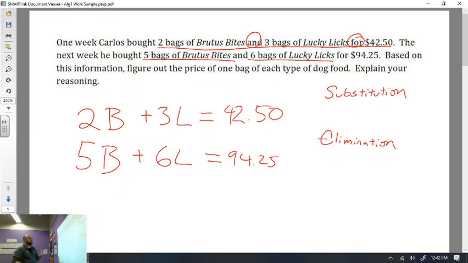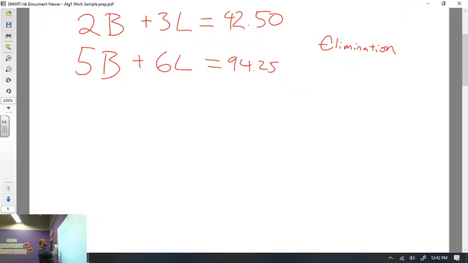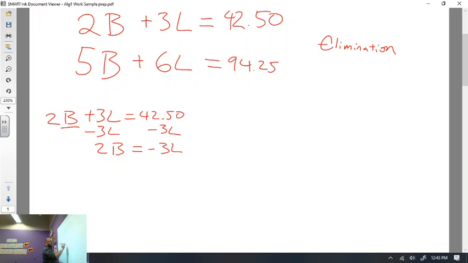If we were to start with substitution, what we would have to do is we'd have to get one of these equations in terms of one of the variables. So for example, I could take this first equation, I could manipulate it, and let's say I wanted to get B by itself. So to do this, I have to get rid of my other variable term from both sides of the equation, giving me 2B is negative 3 L's and 42.50.